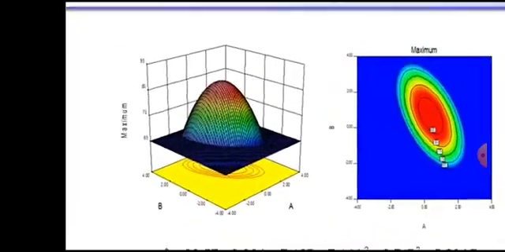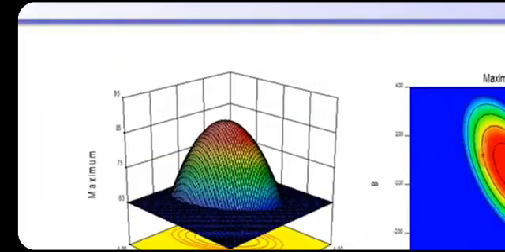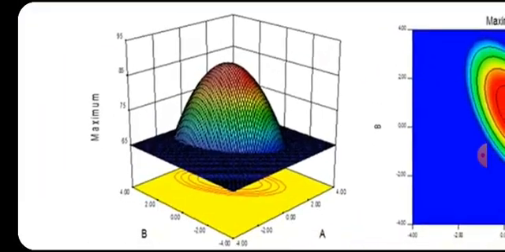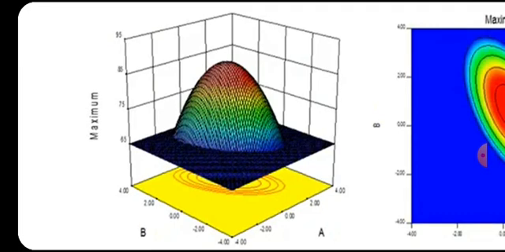You can see here how the three-dimensional contour plot is generated by using the parameters B and A at different concentrations, and you can see the shadow of this three-dimensional response surface below on a two-dimensional plane.